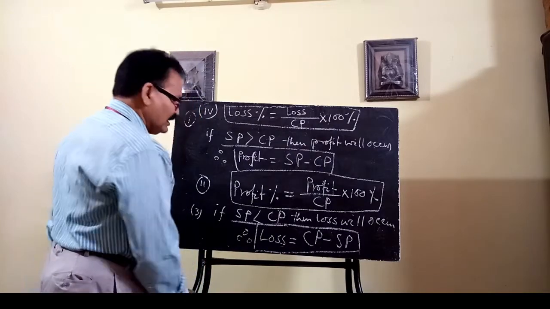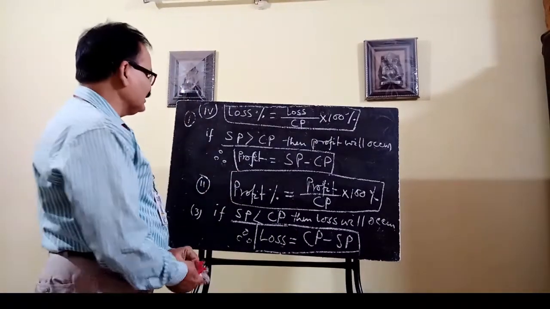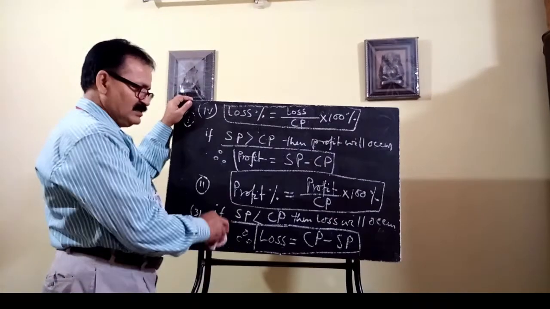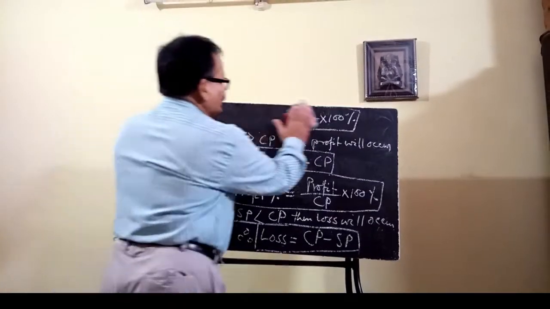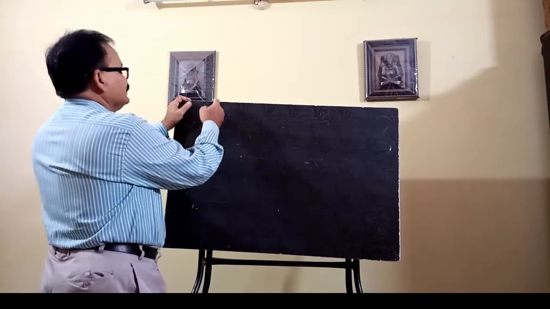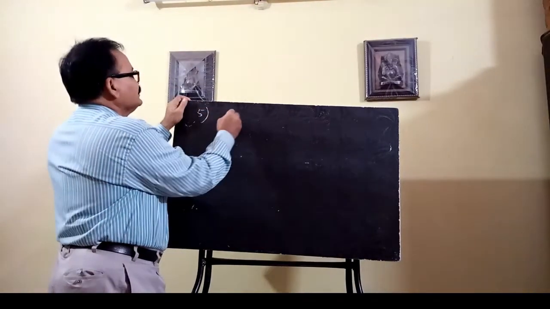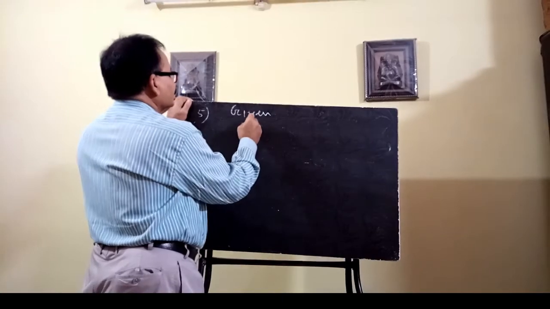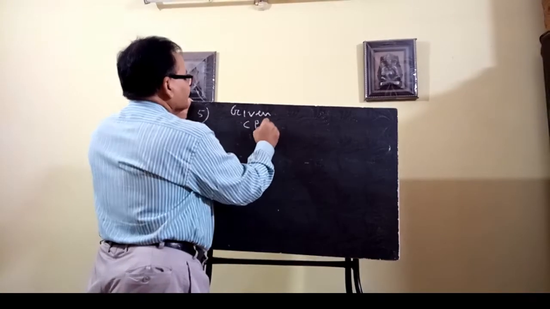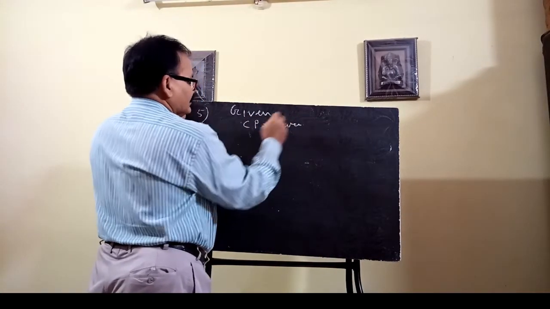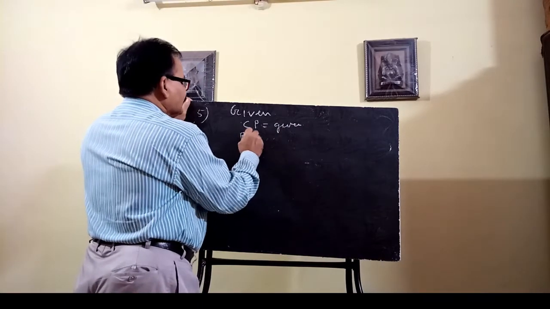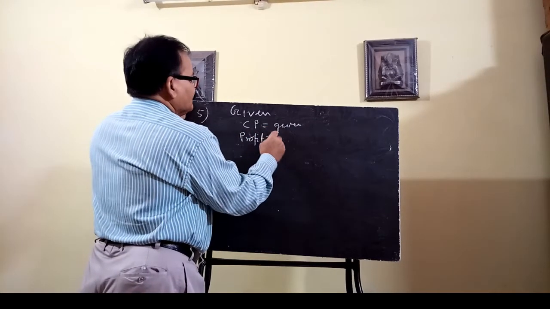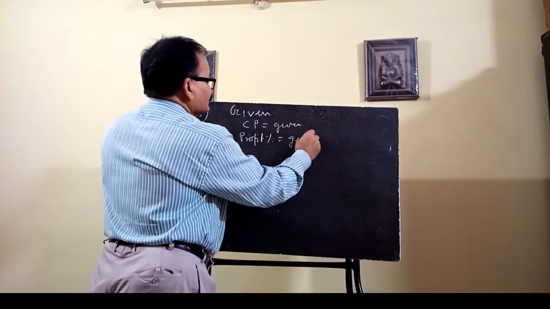Now there are several other cases that you will have to see. Please write it down. Now this is up to formula type 4 that you have written. Now formula 5. Suppose the given part in the question is that CP is given and profit percent is also given.